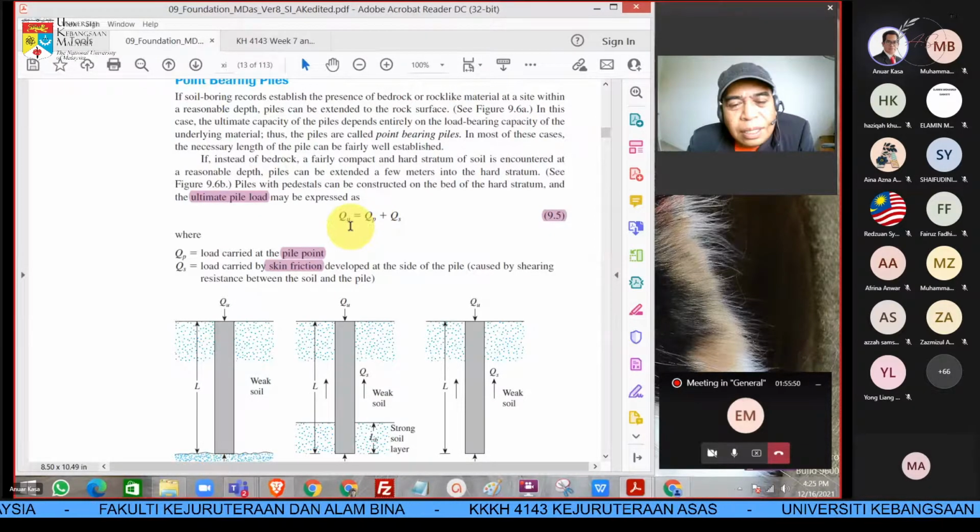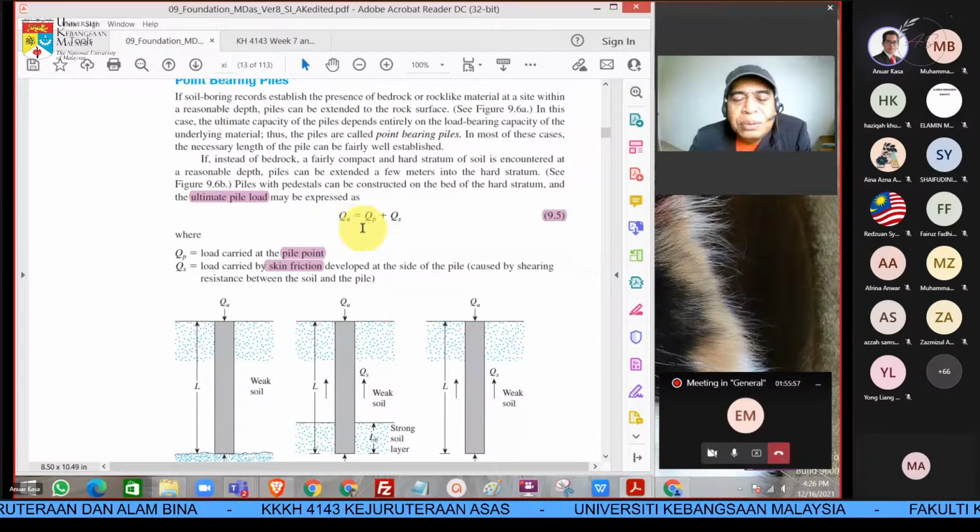So the ultimate load that the pile can sustain equals the load at the point and also at the skin area. If we combine those two loads, then we get the ultimate load.